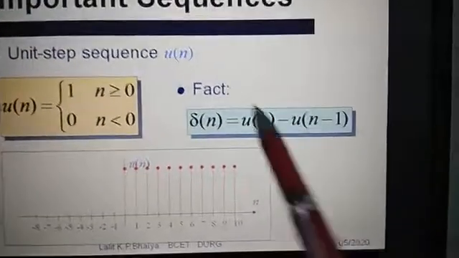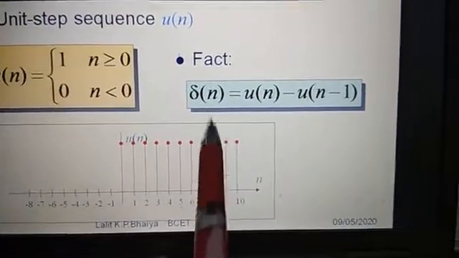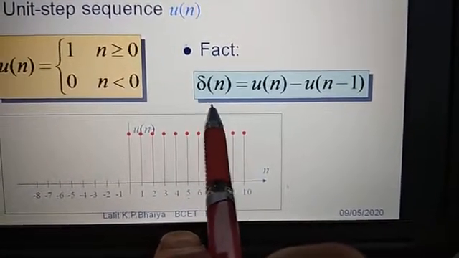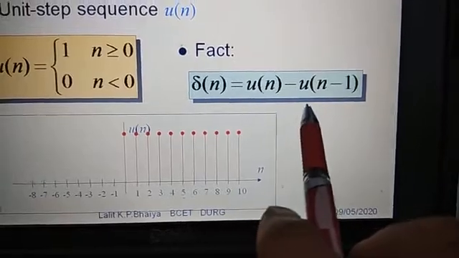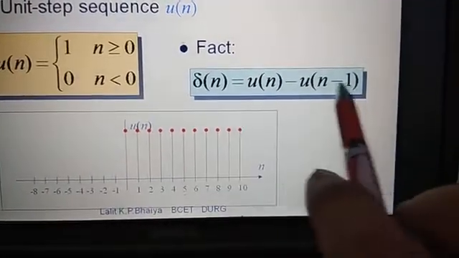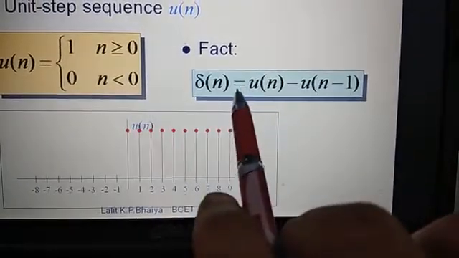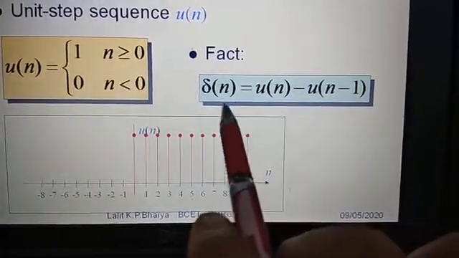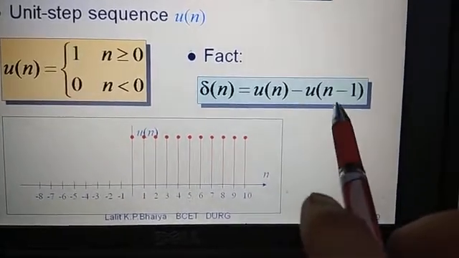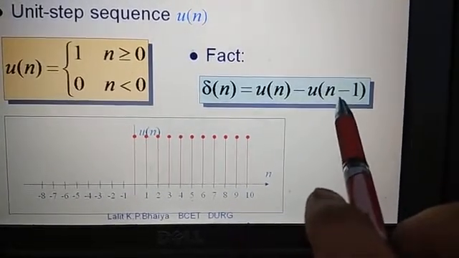In fact, del of n, the unit impulse function, is equal to u of n minus u of n minus 1. This is the relation between the impulse and the step sequence. This is the impulse sequence, this is the step sequence, and this is the step sequence delayed by 1 sample.